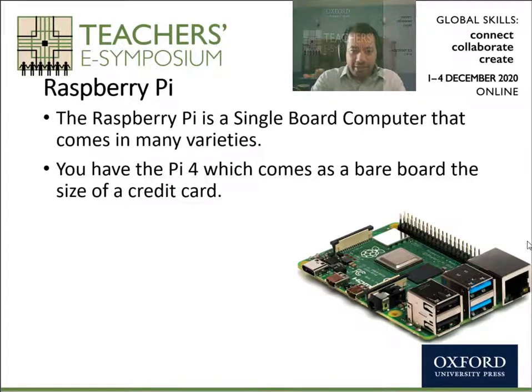This is the fourth version of this shape Raspberry Pi. There's the Raspberry Pi 1, 2, 3, and 4. But in between, you had the 0 and the 0W, which are just small versions, very small, and low-powered, and you can use them for IoT, Internet of Things aspects.